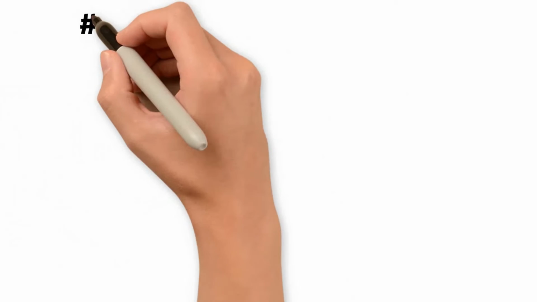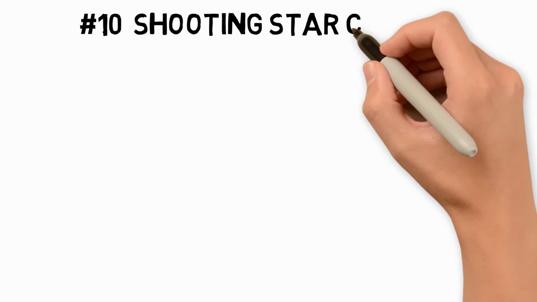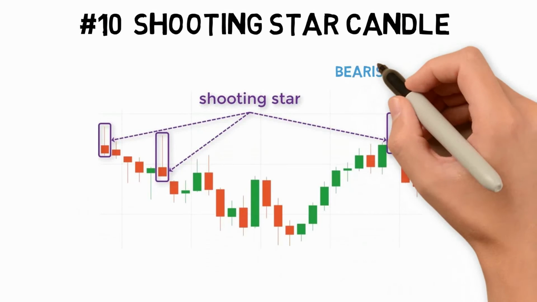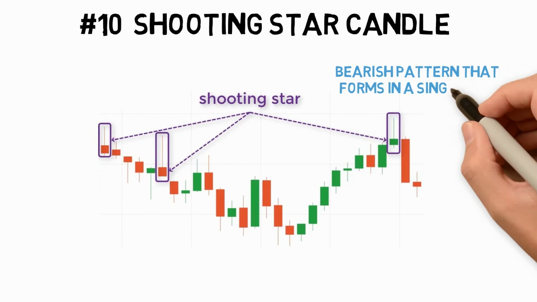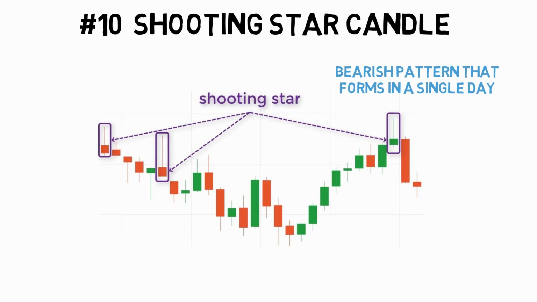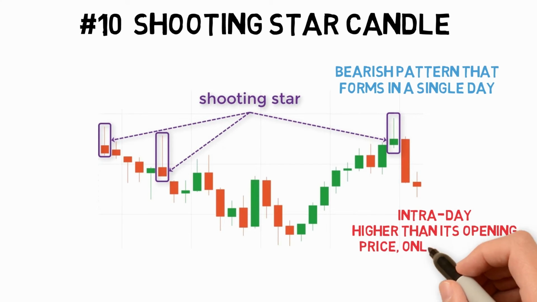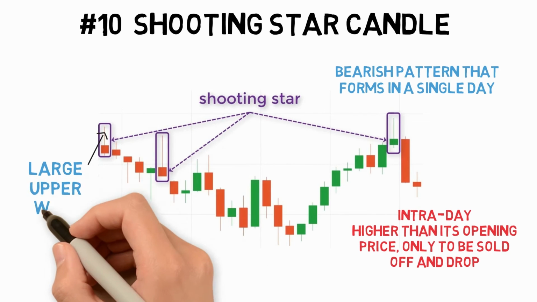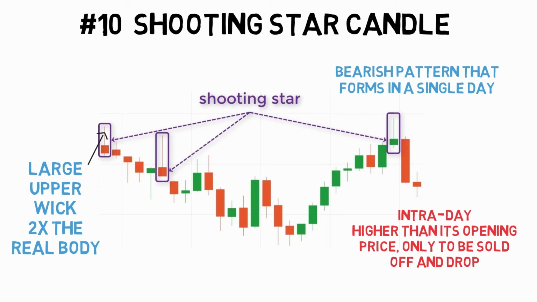Number 10. Shooting Star Candle. The shooting star candle pattern is the opposite of the hammer candle and is a bearish pattern that also forms in a single trading day. This bearish candlestick occurs when a stock trades much higher than its opening price only to be sold off and drop. The price closes lower than the opening price, forming a large upper wick.